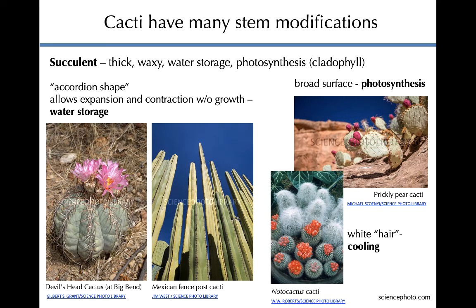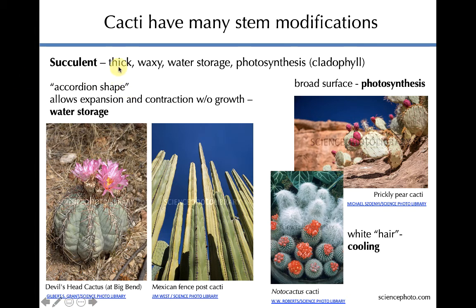Cacti have a lot of different stem modifications. They are all related to not getting dried out and fried in hot and sunny environments or dry environments. Succulents are a broad category of plants that have characteristics that allow them to live in these dry, usually hot environments.